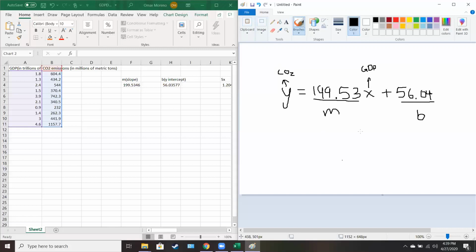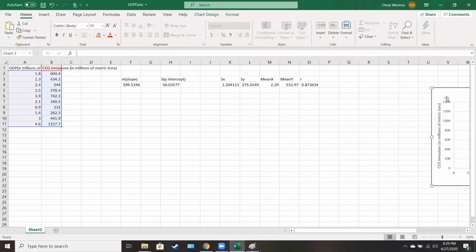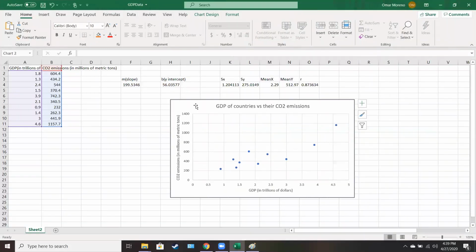Yeah, and this is the poorly written out equation of the regression line, right? Relating how GDP is associated with your CO2 emissions, right? If you were to plot this line onto your scatter plot, you would have your regression line, right? I'm not sure if this is what Excel does, but they have a little option here in the charts for trend line.